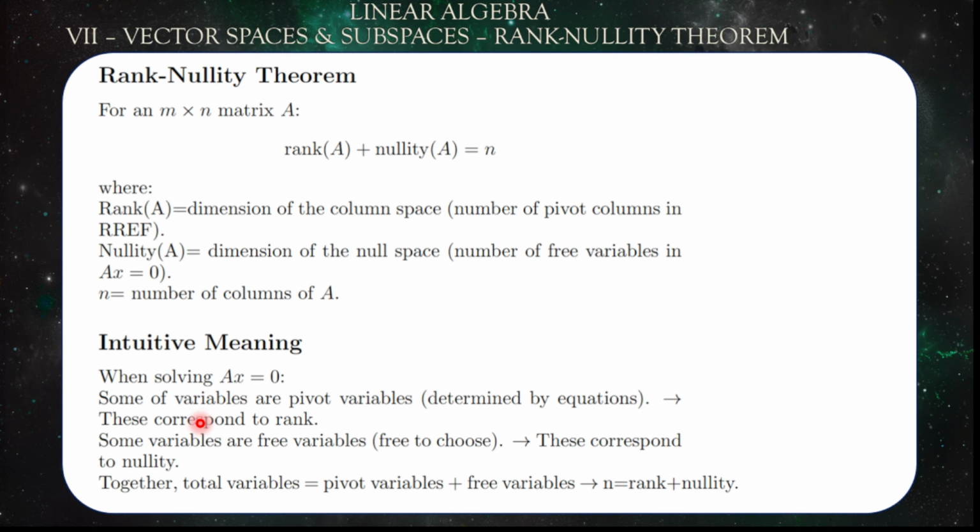The number of columns that are independent in RREF, the pivots, are the rank. So rank plus nullity should be equal to n. Together, total variables is equal to pivot variables plus free variables. So n is equal to rank plus nullity.